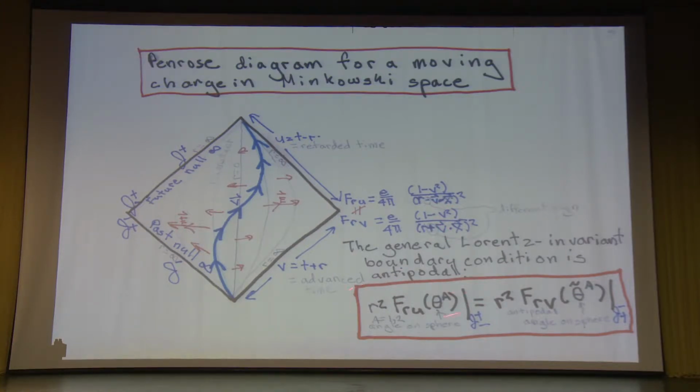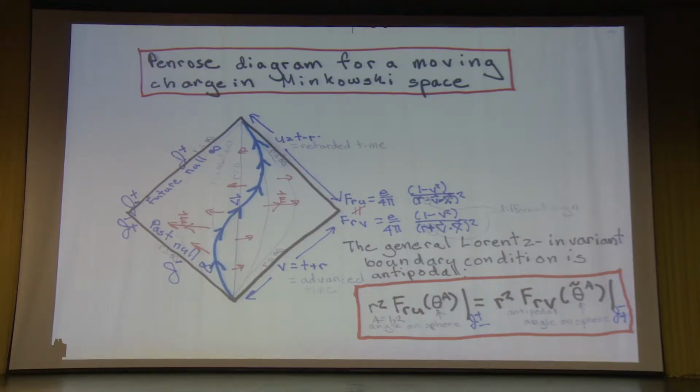And the statement here is that if we take the leading part of the electric field at infinity from a single point charge, the field at the past of the future is antipodally identified with the field at the future of the past. And this, of course, is true. It's a linear theory.